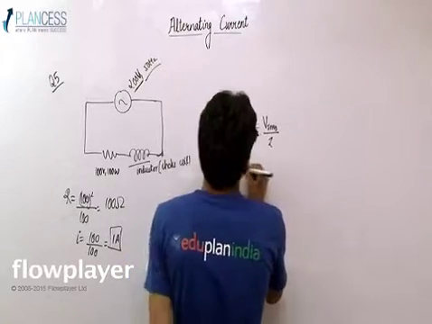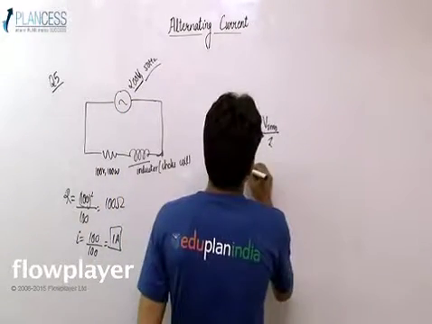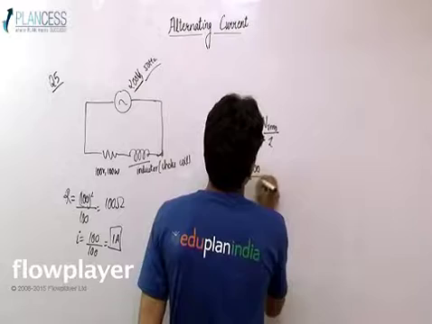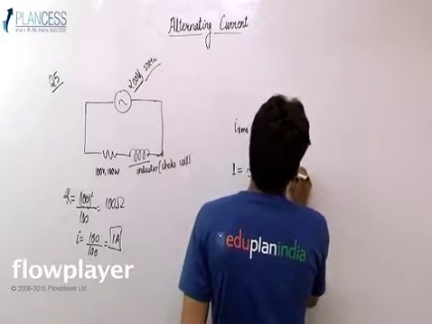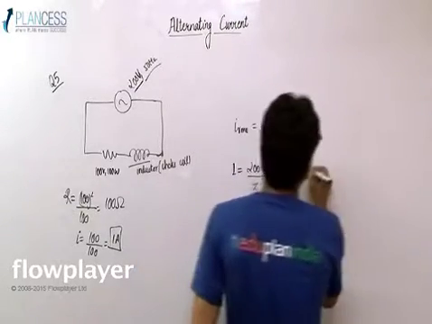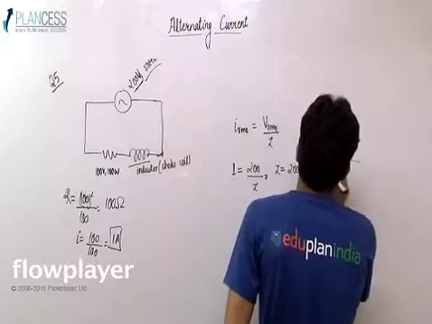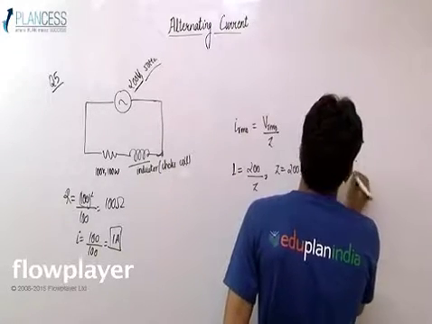So 1 equals VRMS, which is 200 volt, upon Z. So Z comes out to be 200 ohm, which has to be equal to root over R square plus omega square L square.